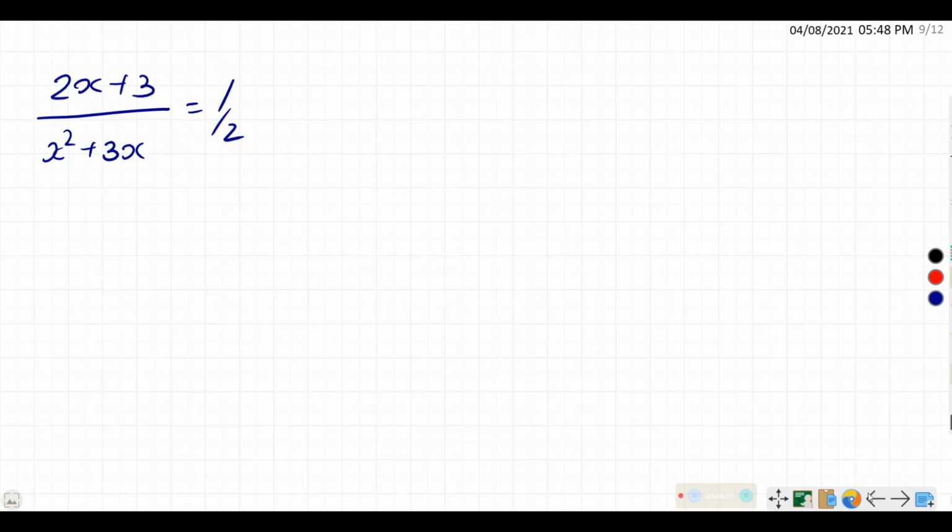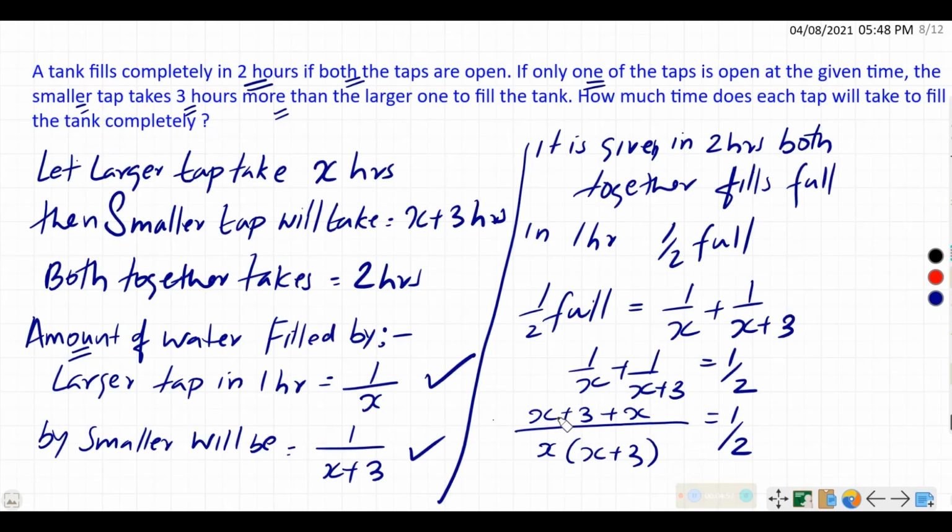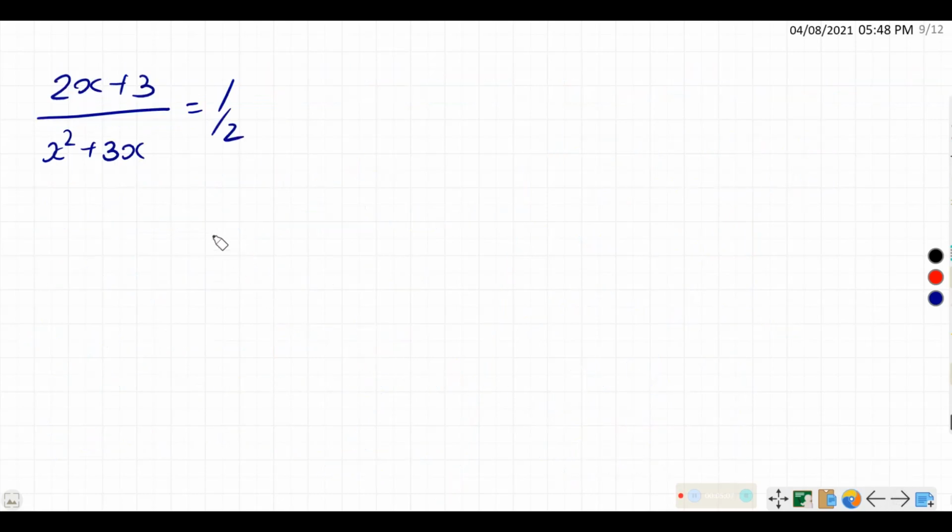You know how you got it? X plus 3 plus X, I wrote it as 2X plus 3, and in the denominator X into X, X square, X into 3, 3X. Now this is equal to 4X plus 6 equal to X square plus 3X.